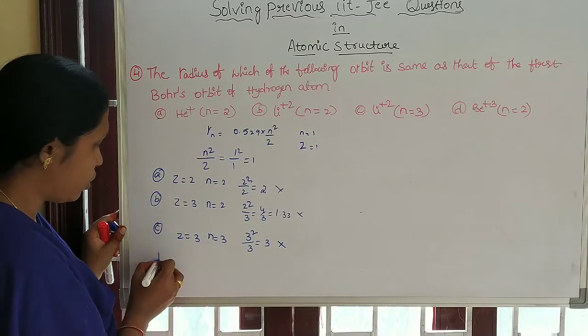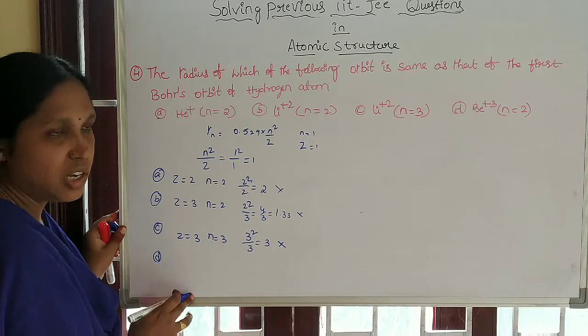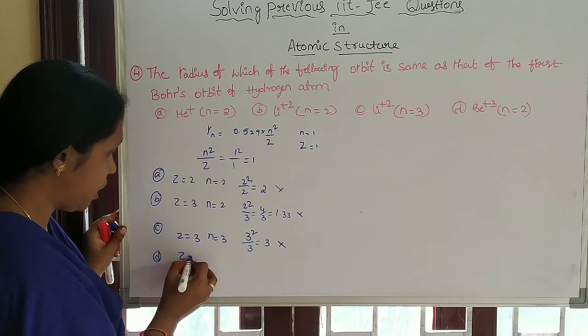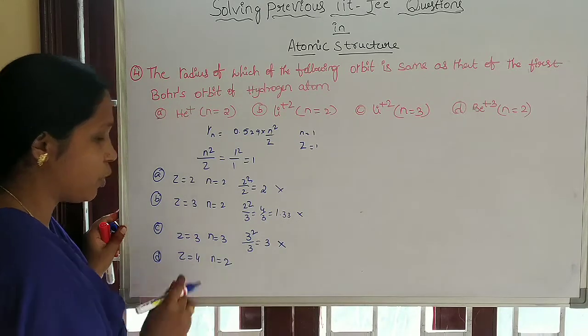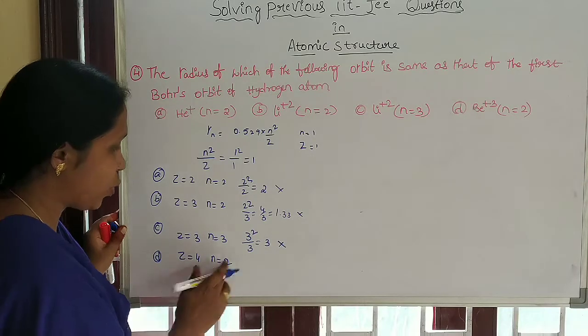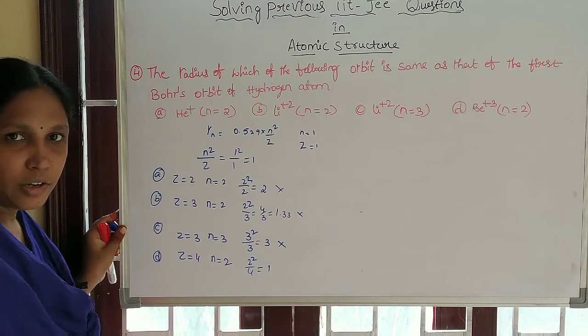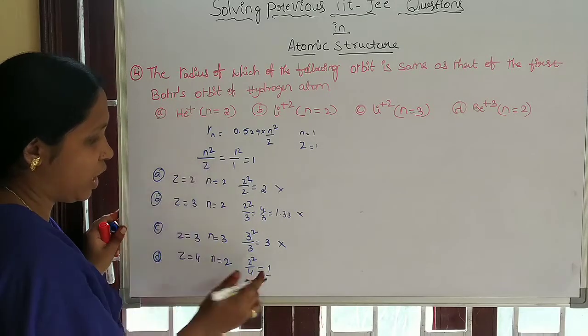Go to the last option, option D, that is Be plus 3, and the electron is present in the second orbit. Here the atomic number of beryllium is 4 and the electron is present in the second orbit of beryllium. So here n square by Z means 2 square by 4, which equals 1. So n square by Z is equal to 1.